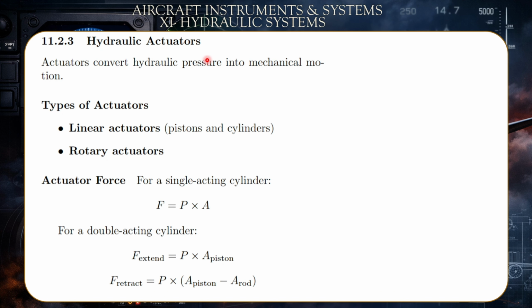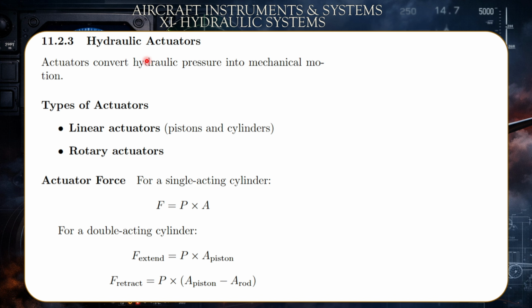Hydraulic actuators. Actuators convert hydraulic pressure into mechanical motion. The types of actuators are linear actuators, pistons and cylinders, and rotary actuators. Also, another type of actuator is the one that converts electrical energy into mechanical energy.